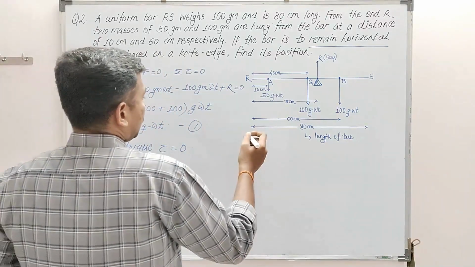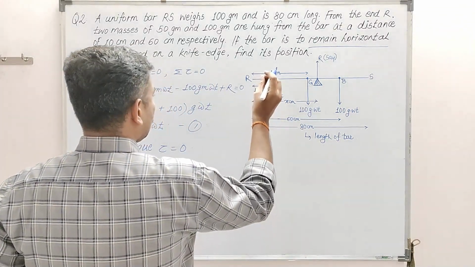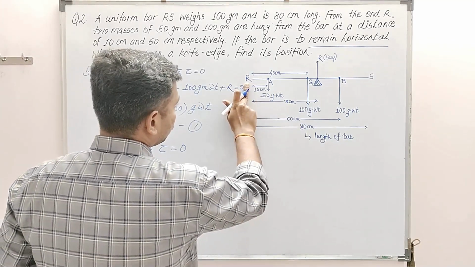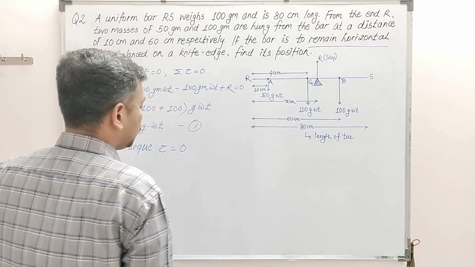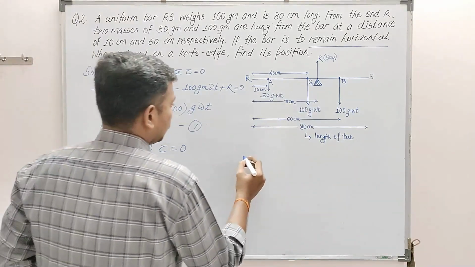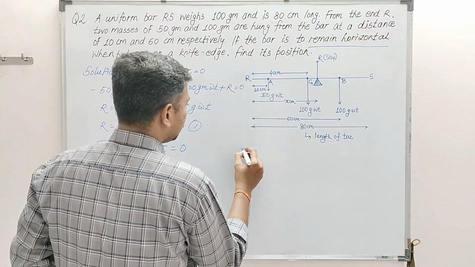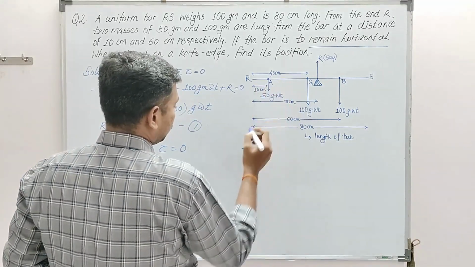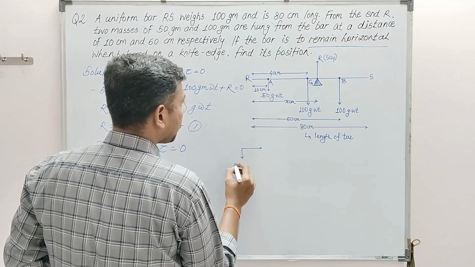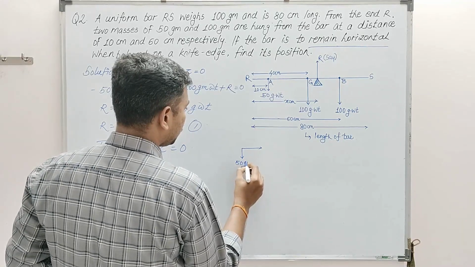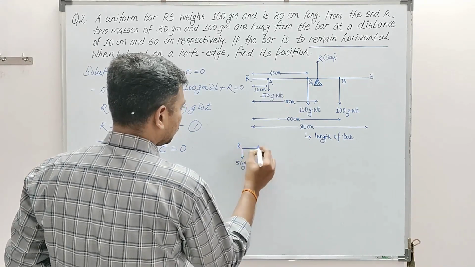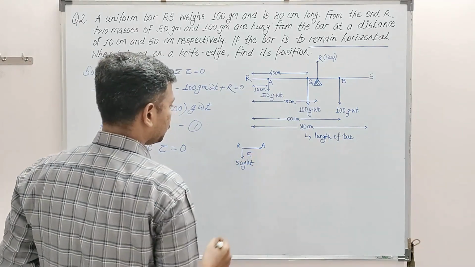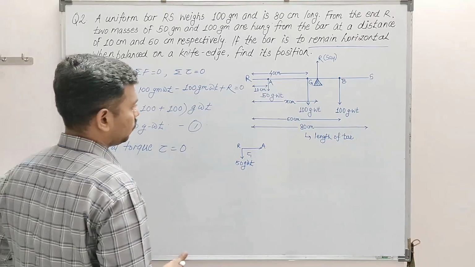So here we are assuming the point which is point R, and with respect to R we will find the total torque. If we take RA as the position vector and this is the downside force which is 50 gram Wt, then the torque produced here is, let us say, torque 1.